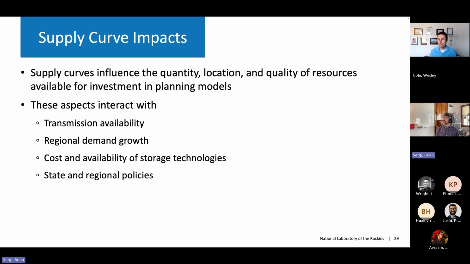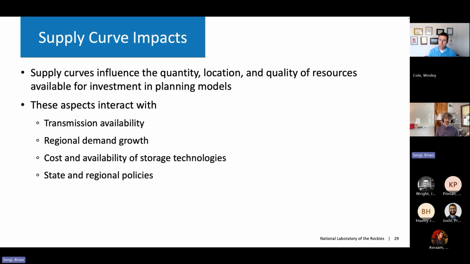Yeah, thanks, Wesley. No, I think that's a good point. At the core level, if you're just thinking about building a wind and solar site, these would provide a lot of insight into what's available. And then at the higher level, as you go to a model like ReEDS, you're taking this data and it's interacting with a lot of other features. Some of them I already discussed, and a couple more to mention here: state and regional policies, for instance, to either deploy specific technologies or to meet some sort of emission standard, costs of different technologies that might vary by region, and demand growth.